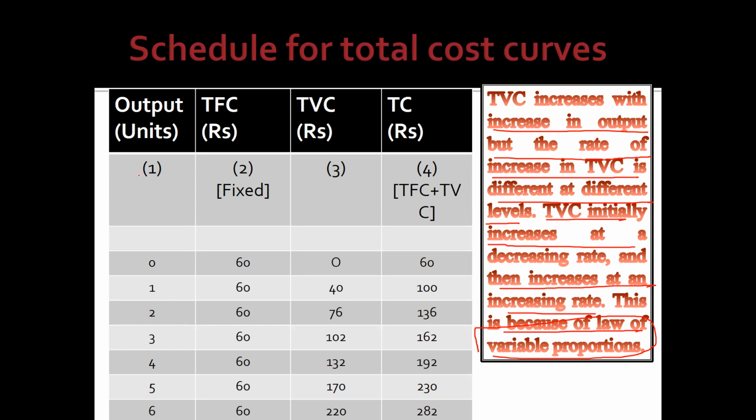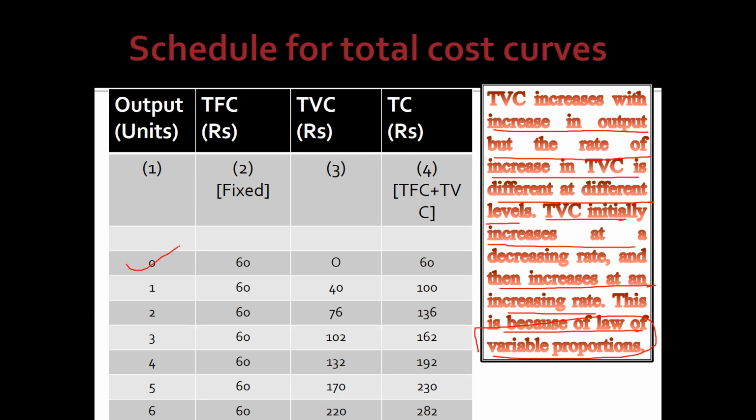Let's say the first column is reflecting output units, the second column TFC, total fixed cost, the third column is TVC, total variable cost, and the last column is TC, total cost. Total cost is the sum of the second and third columns.